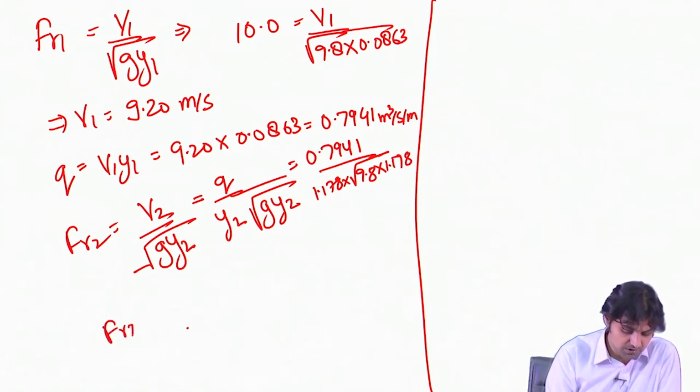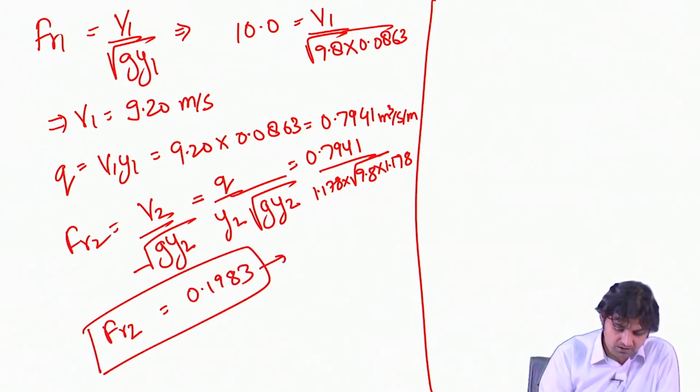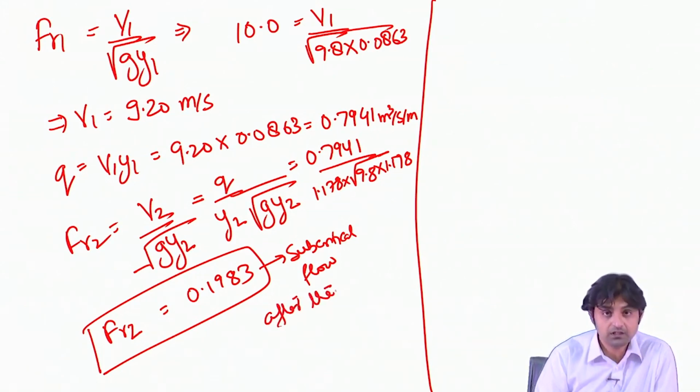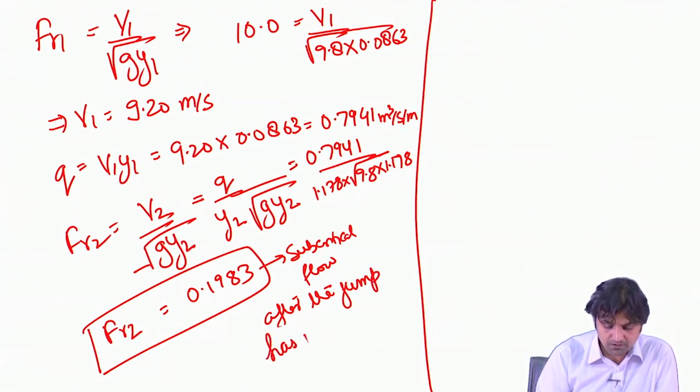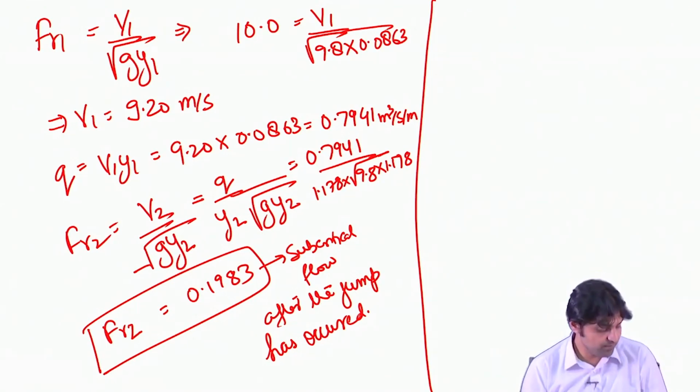So, Froude number 2 is 0.1983. Subcritical flow after the jump has occurred. Okay. So, this is a very simple problem using the formulas.